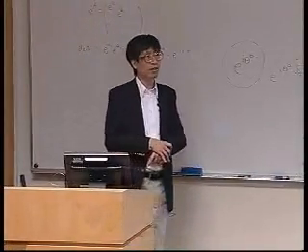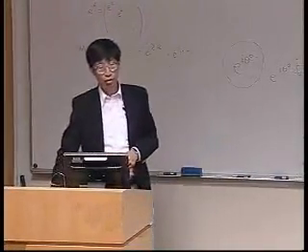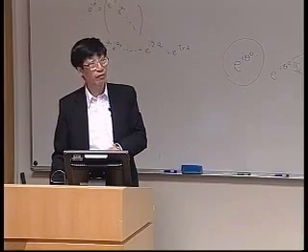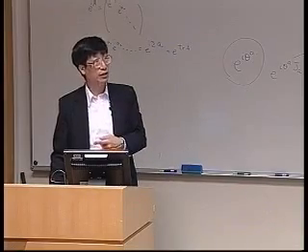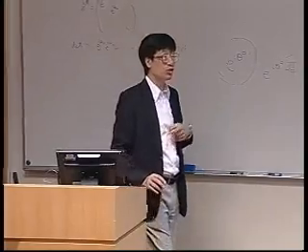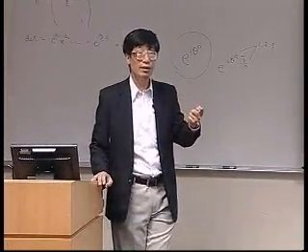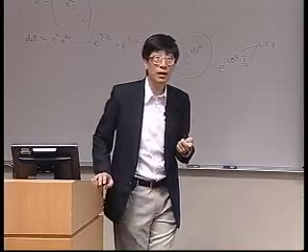But I better check whether this is a subgroup. So if U has determinant 1, V has determinant 1, and I take their product, then determinant of W is just the determinant of the product. So if I start off with two of them, each of which has determinant 1, the product also has determinant 1. So the subset with determinant 1 is actually a subgroup, okay?